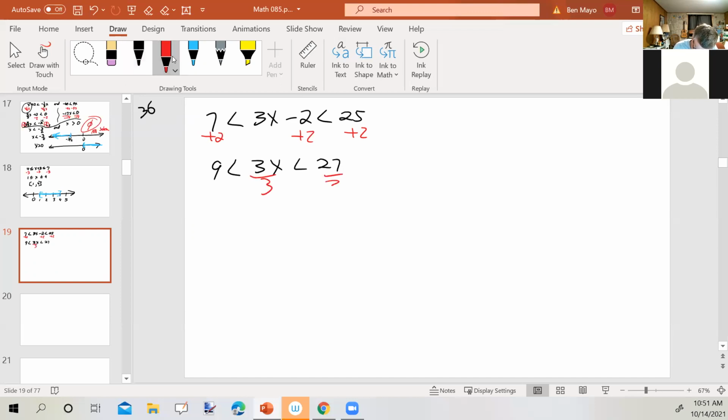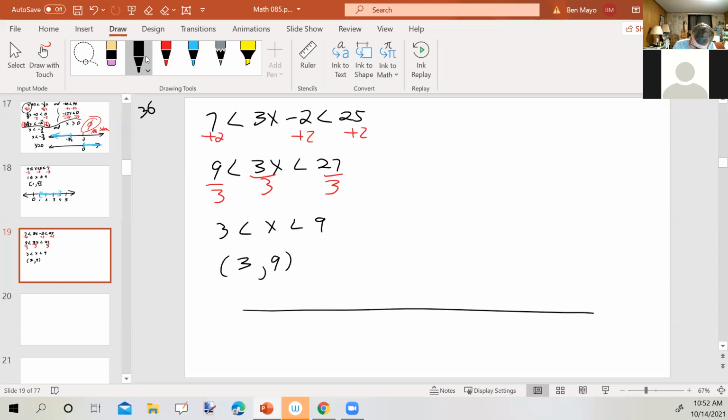Then I'm going to divide each piece by 3. So I get 3 less than x less than 9. In interval notation, it would look like that. And on the graph, 0, 3, 9, and we've got that, and then that. Questions on that example?